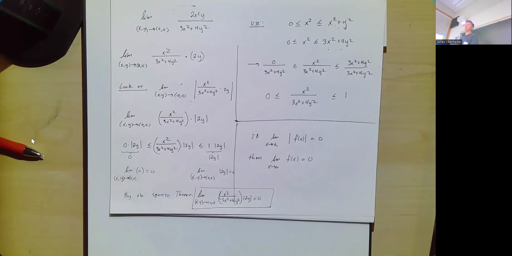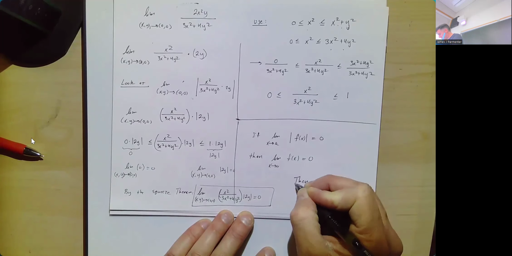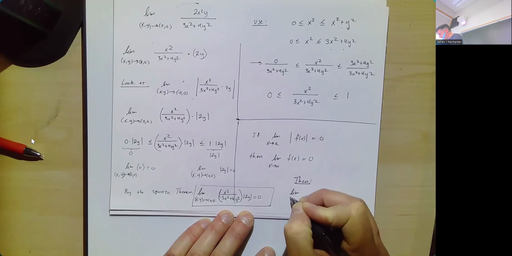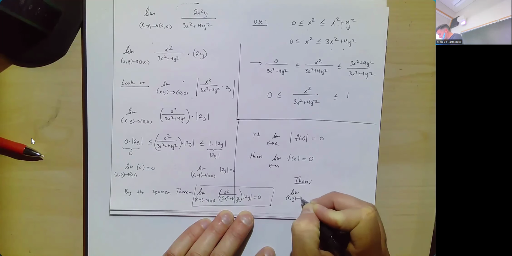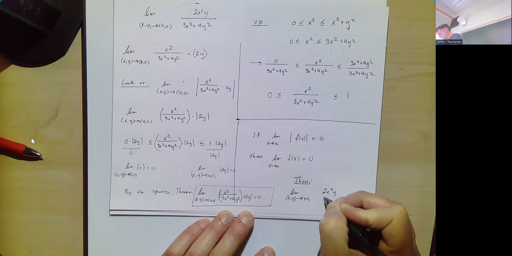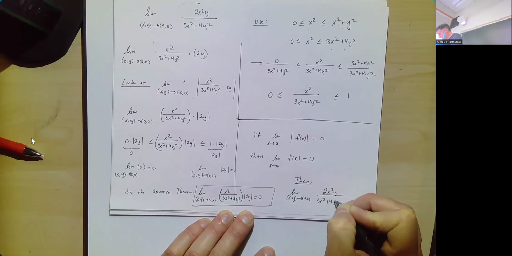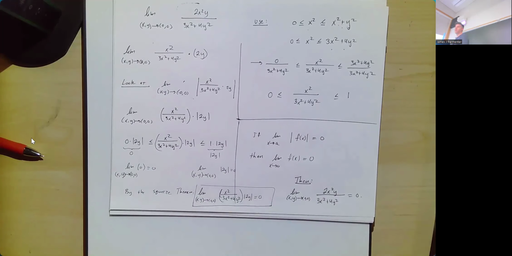Sorry, I know it's terrible looking. And then we should say one more thing, because we actually weren't looking at the absolute value. So we can conclude that the limit as x, y goes to 0, 0 of the original thing, 2x squared times y without absolute values over 3x squared plus 4y squared, is also equal to 0.